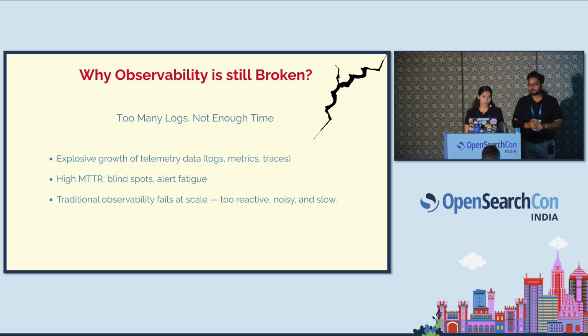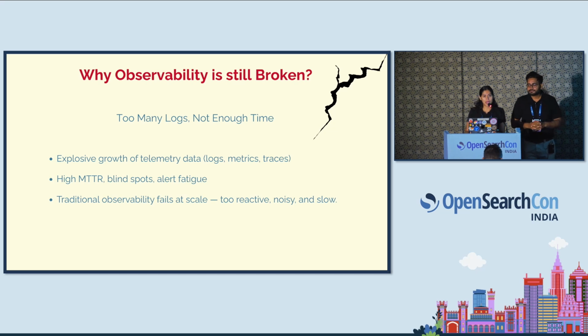It's not proactive. We wait for things to break first. Then we try to put the pieces together, to work out what happened, using disconnected tools and manual steps. So it doesn't scale much. It is slow, and it often leads to firefighting instead of proactive prevention.